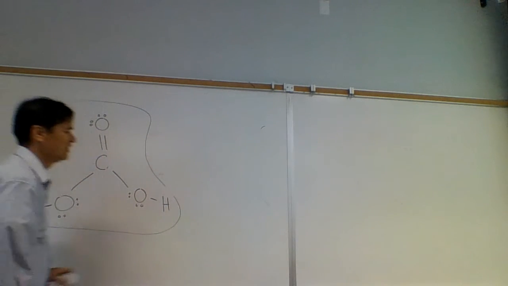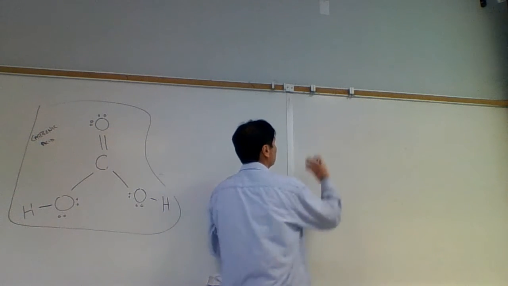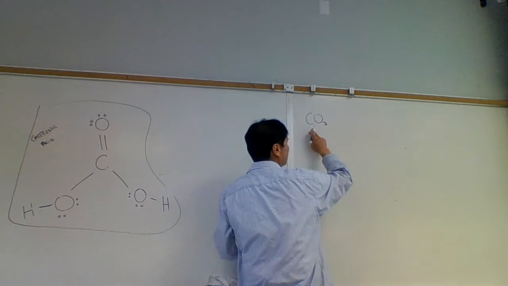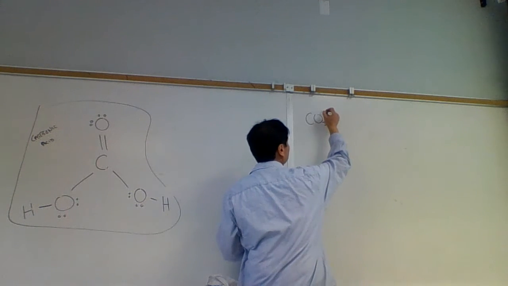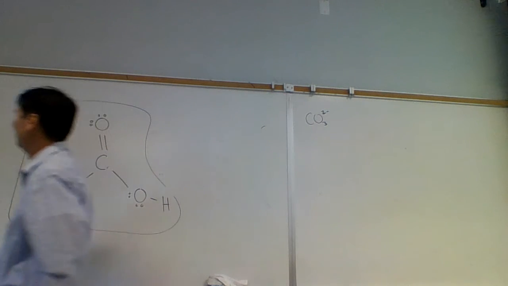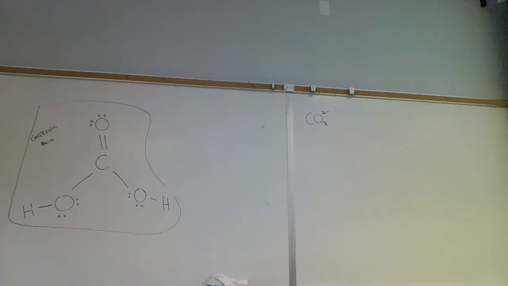Okay, I want you to do another one. We're going to complete the series. Why don't you do the Lewis structure for the carbonate ion? Carbonate ion is CO3. What's the charge on it? 2 minus. Now, with carbonic acid, are both hydrogens acidic, or is just one of these hydrogens acidic?